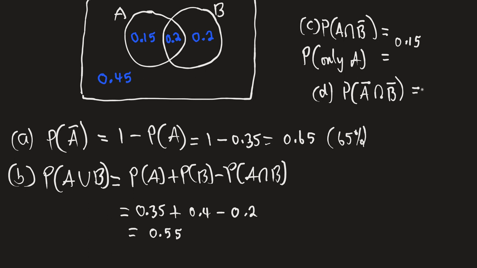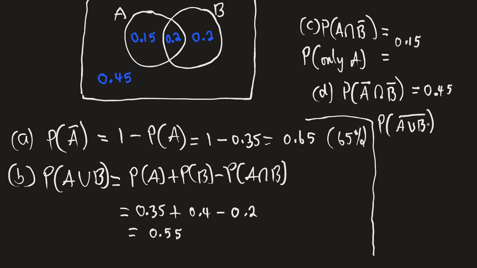And you might say, well, is that really true? In fact it is, because let me rewrite this probability here so you can see it. Using De Morgan's law, we know that that is the same as the complement of the union.